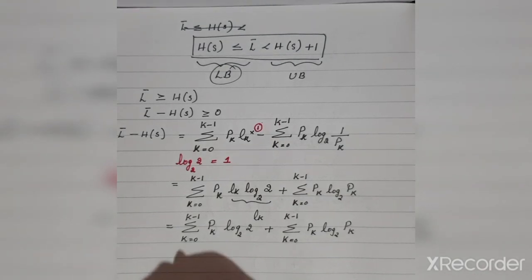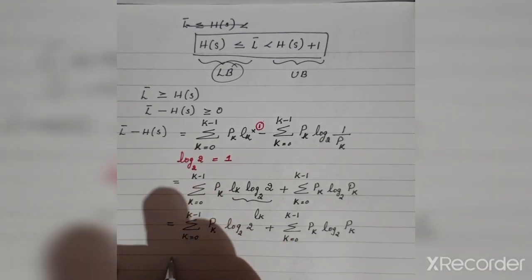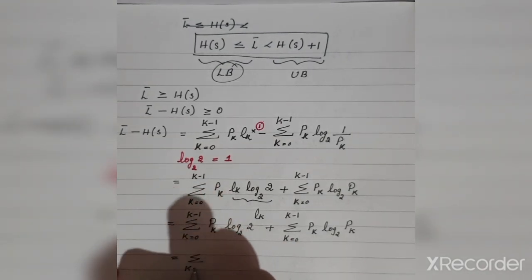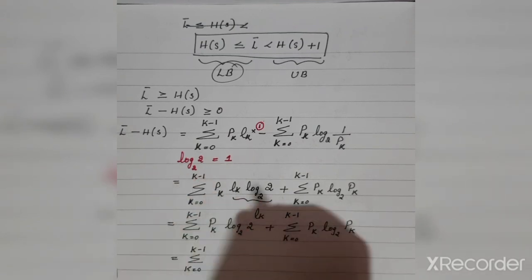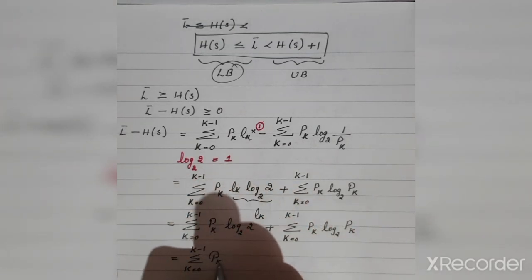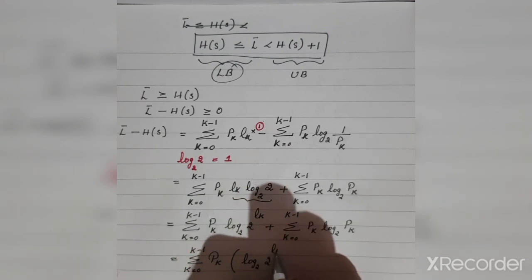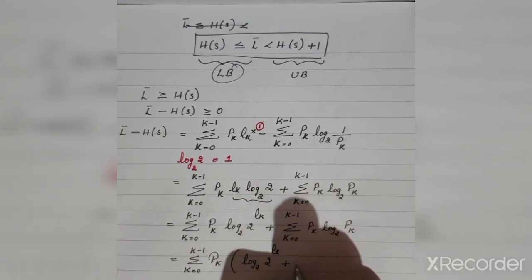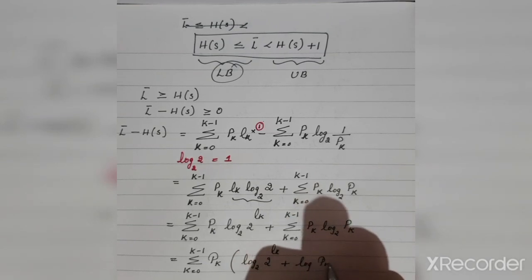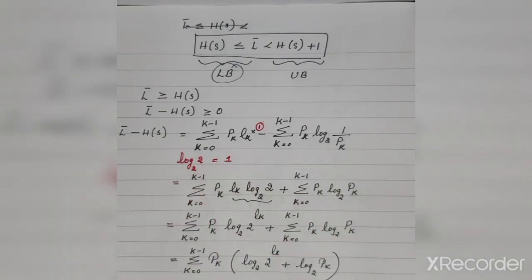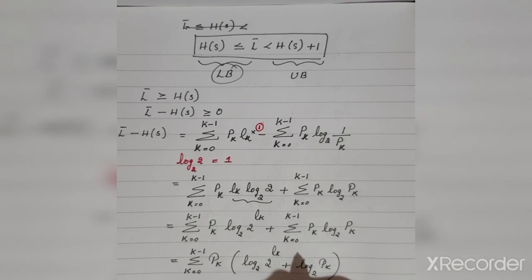Okay, now let's group the common terms. So it becomes k equal to 0 to K minus 1 of pk into log 2 to the base 2 raised to lk plus log pk to the base 2. Now what is log a plus log b? It is log ab.